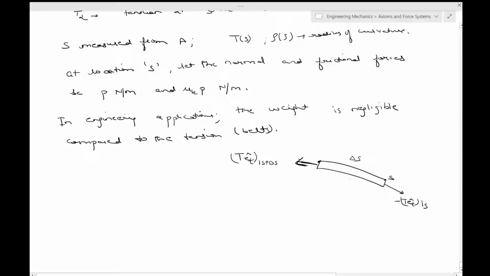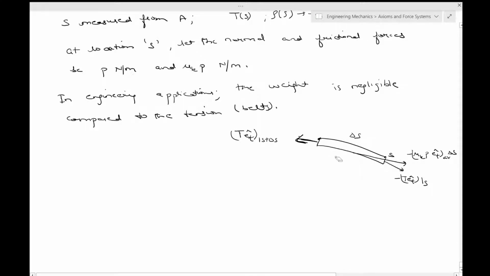That is taken somewhere over here as minus mu K P e_t hat, as the average, into delta S. So we are taking the frictional forces acting over this, and that's why we are taking an average value and showing it acting at this particular point, unlike the tension which we are showing to act exactly at the end.